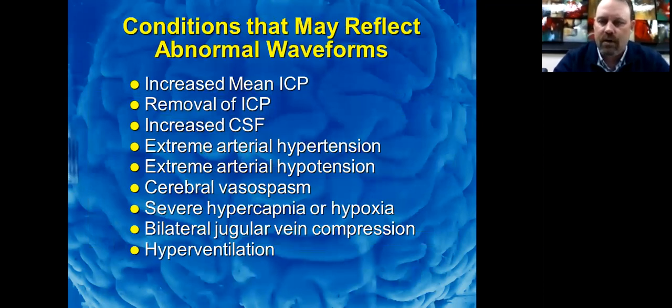Some conditions that may reflect those abnormal waveforms: increased mean intracranial pressure, removal of CSF, increased CSF can actually do it. When I talk about increased mean intracranial pressure, I'm talking about P2 greater than P1 and may even bury P1.